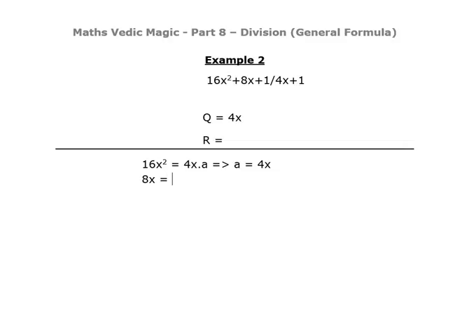It is the 4x of the quotient multiplied by 1, let's say, so it is 4x, plus 1 multiplied by something, which I call b.